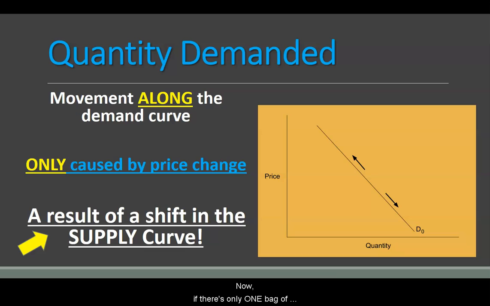Now, if there's only one bag of sugar at Walmart, I can only buy that one bag. That's all that's available. So my quantity right here is actually limited to that one bag that's available. So if that supply curve shifted all the way down to 1, I only have the option of 1. So that's how your supply and your demand kind of feed off of each other, and we'll talk more about that in the next lesson.